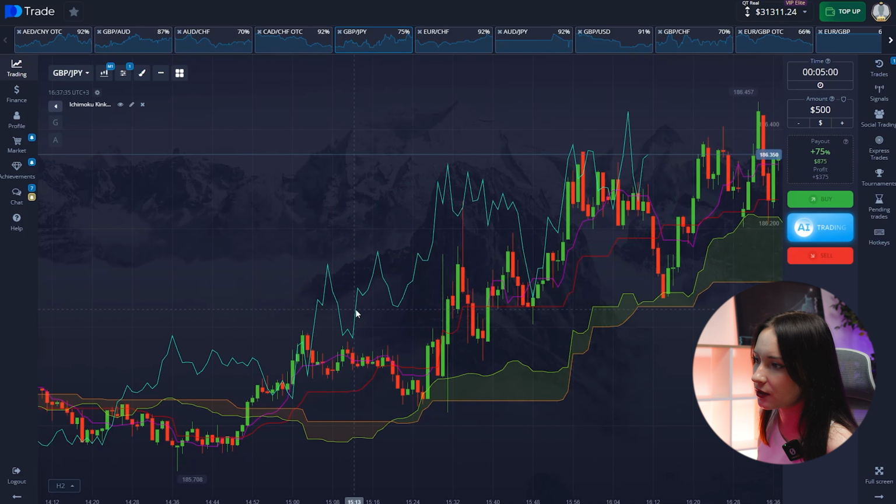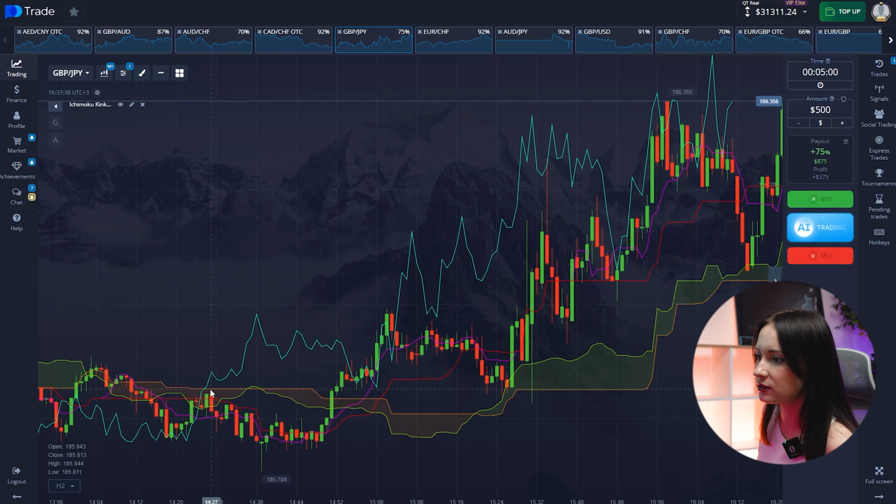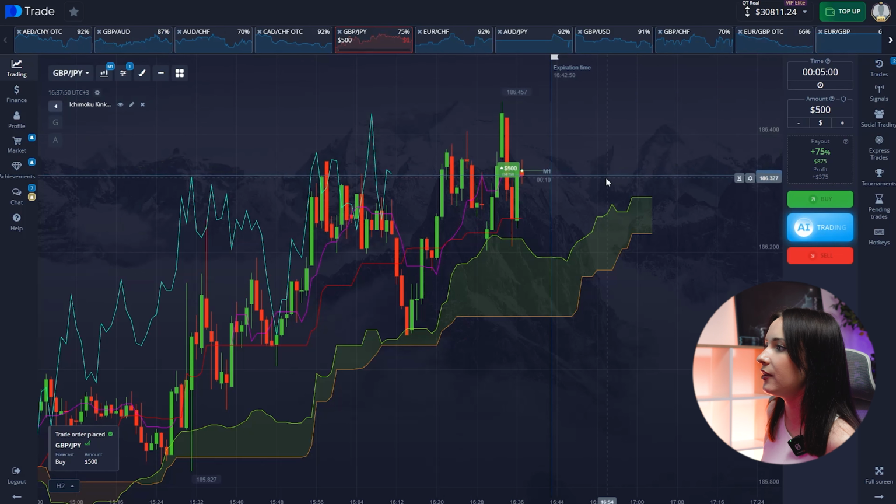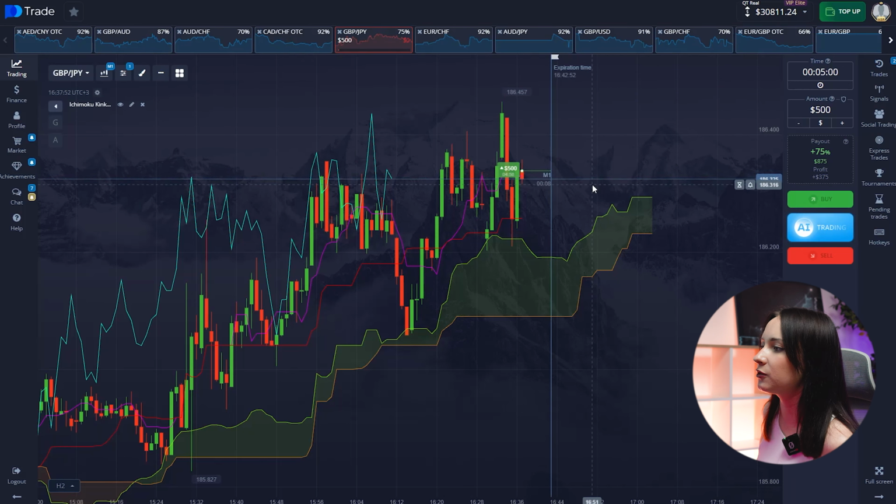Carefully watching, here's the last crossover, where the convergent line crossed above the baseline, also meaning to open a buy position. Here we see a gradual development of an uptrend, and I'm again opening a buy position for 5 minutes, taking in mind all that the Ichimoku indicator tells me.